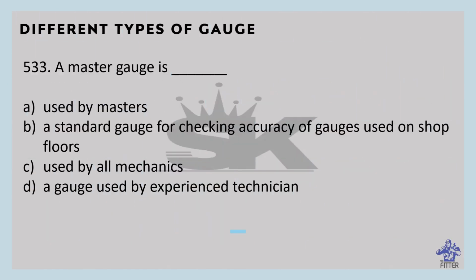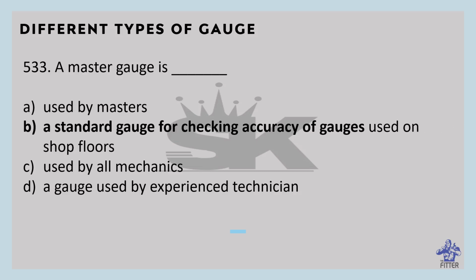A master gauge is a standard gauge for checking accuracy of gauges used on a shop floor. So that is option B. Master gauge is also called reference gauge or control gauge.